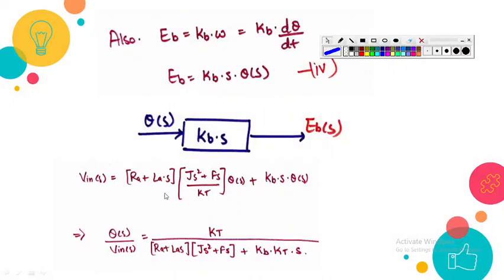So we have substituted the values of IA and Eb in the KVL equation, and from here we can say that the relation between my input voltage and the mechanical output theta is established, and this is nothing but the overall transfer function of my armature controlled DC motor.